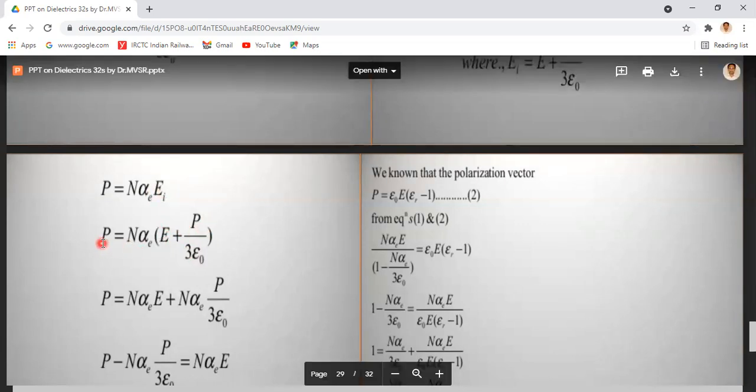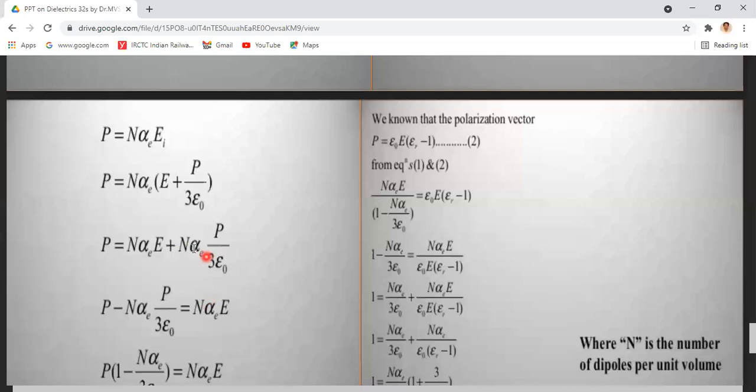So by multiplying, N alpha E into E bar plus N alpha E into P by 3 epsilon naught.